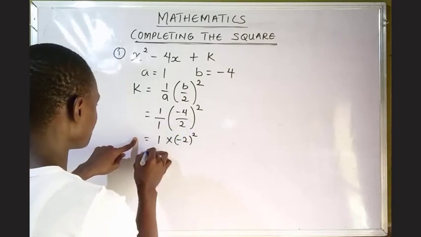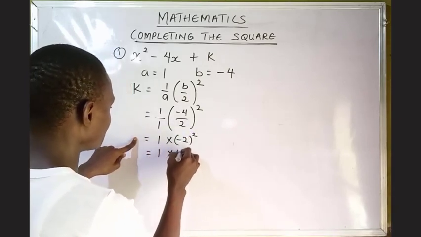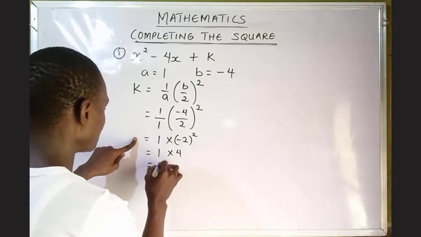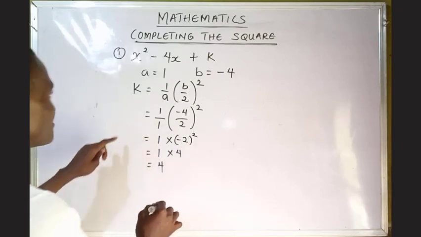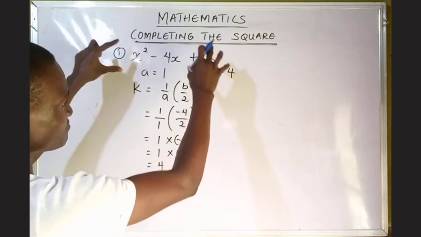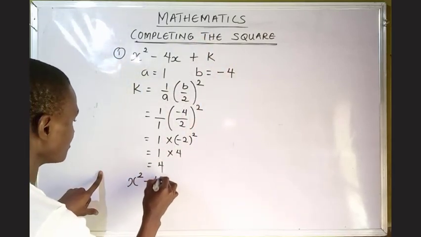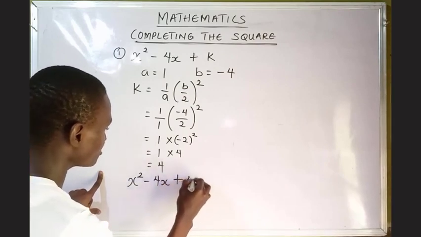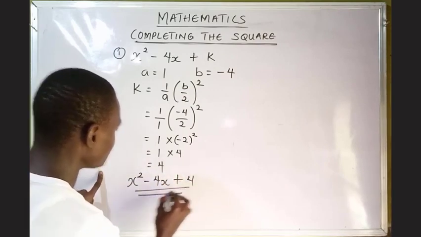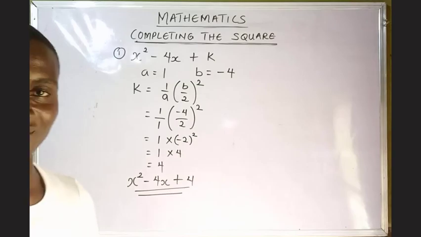We want to square it. This is 1 times 4. That means our k equals 4. What this implies is that this expression will be a perfect square if it were x squared minus 4x plus 4. That is how to solve the first one.